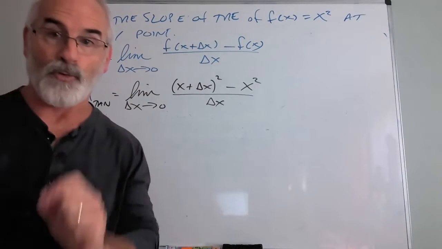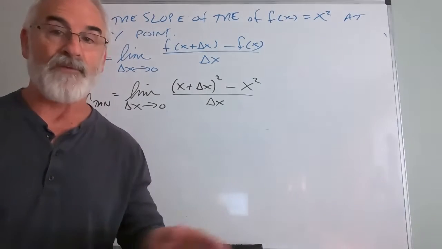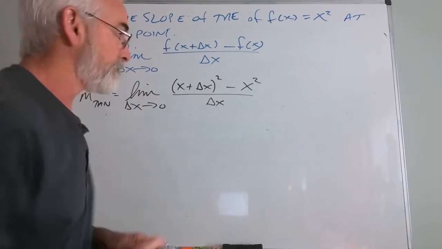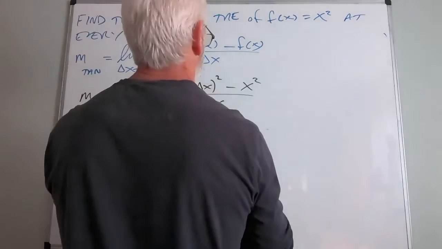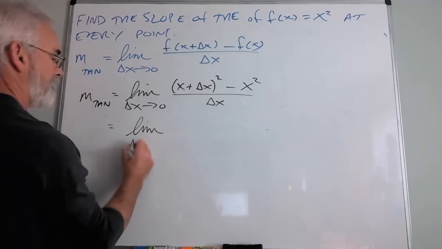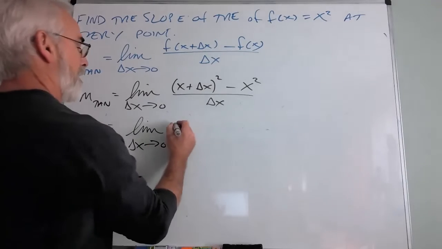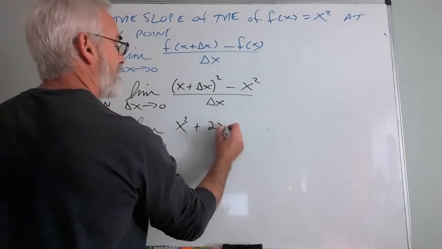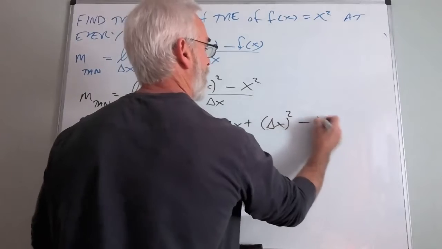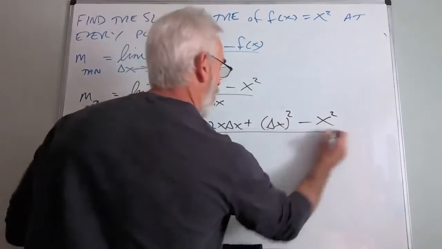If done correctly, then every term that doesn't have a delta x in it should cancel. And I should be able to evaluate the result. So this is the limit as delta x goes to 0 of x squared plus 2x delta x plus the square of delta x minus x squared, all over delta x.